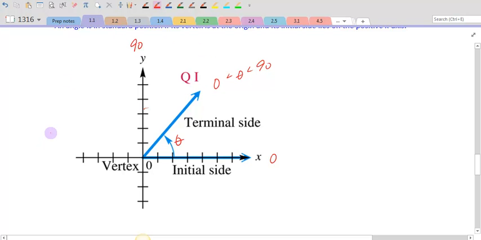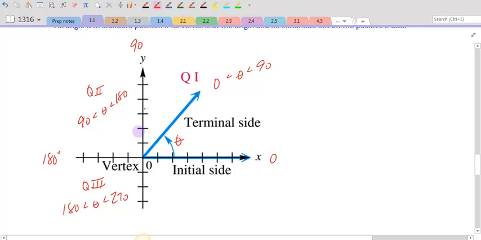Rotating to the left, we have quadrant 2, and any angles that are in quadrant 2 would be between 90 and 180 degrees. Because we know that we have a straight line here, the x-axis would be a straight line, so therefore this angle measurement over here would be 180. Quadrant 3 would therefore have angles between 180 and down here, which would be 270 degrees.